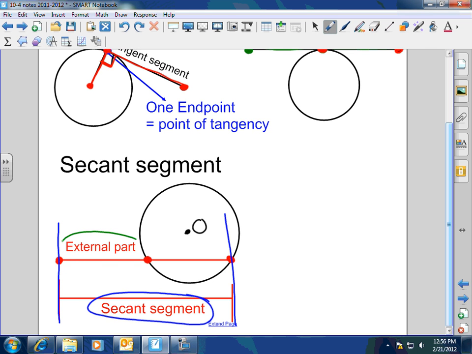The external part is literally the external part. It is the part of the secant segment that goes from the edge of the circle all the way to the endpoint away from the circle. What's left inside is basically a chord. That's the internal part. But they don't really discuss the internal part that much. They discuss the external part of the secant segment quite often. Yes, sir.